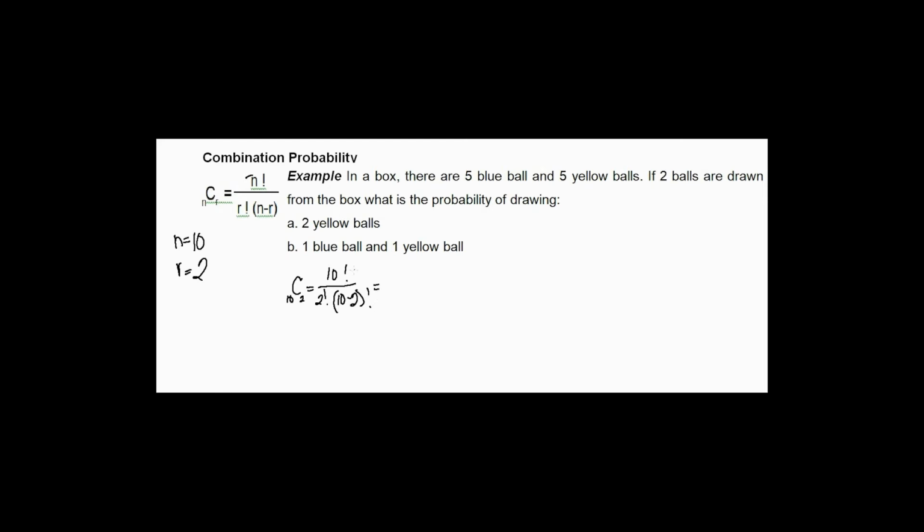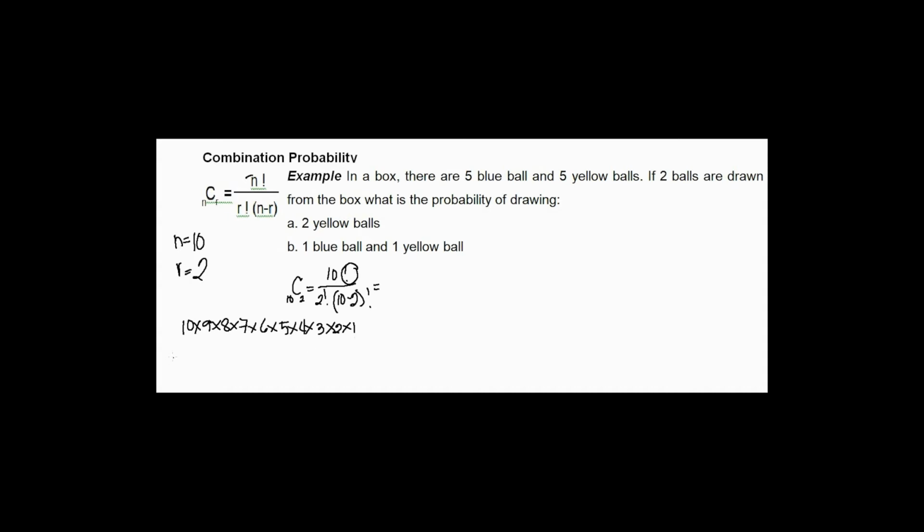Now, if you see the factorial symbol, it means the number joined with the symbol should be converted into 10 times 9 times 8 times 7 times 6 times 5 times 4 times 3 times 2 times 1, down to the lowest value of the number.